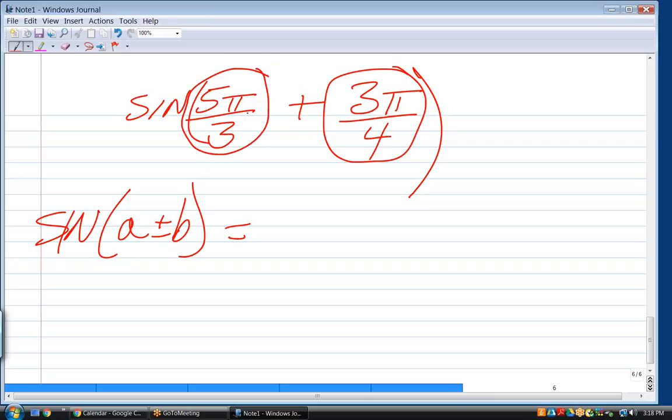Those angles are multiples of 30, 45, or 60, and we can figure out how to come up with these values. And so all we need is the sum or difference to do it. If we add those two values together, we're going to have an angle that we don't know how to figure out.